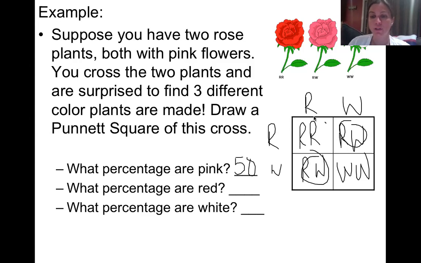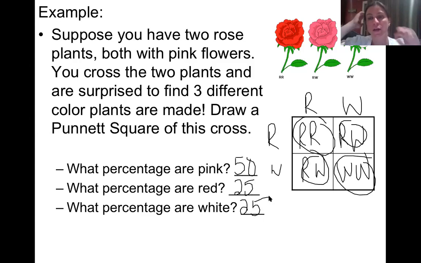What percentage is red? Just one of the boxes, so 25%. And what percentage is white? 25%. So pretty interesting that with 2 pink flowers, the chance that the flower it creates is pink is 50%, but there's also a 25% chance that it will be red, as well as a 25% chance of being white. So pretty interesting.